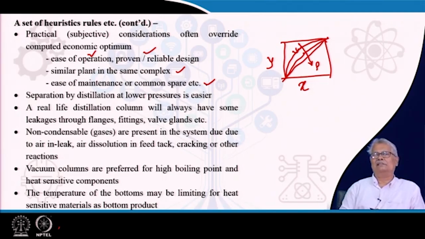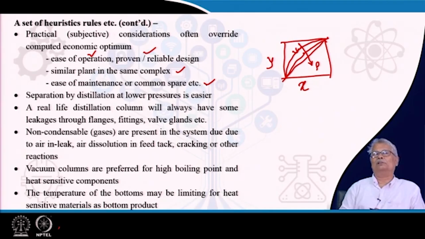In a real life distillation column, there will always be some leakages through the flanges, fittings, valve glands, etc. So if it is operating at a pressure which is above the atmosphere, the vapor inside will be leaking out, and if it is operating under vacuum, air will be leaking in.